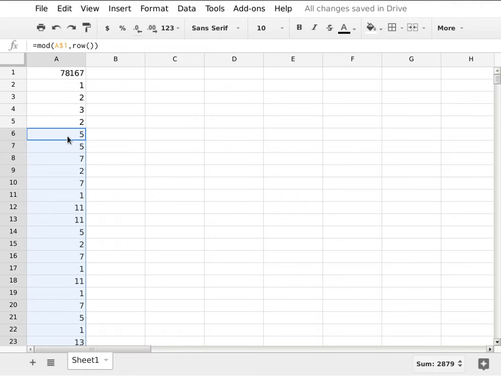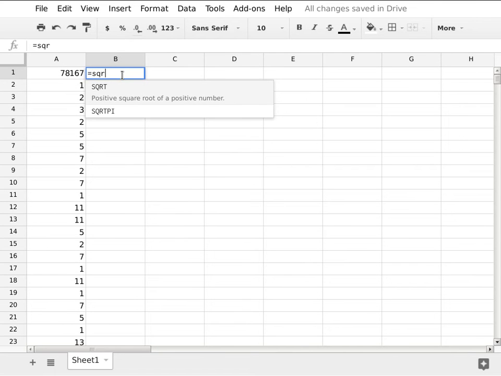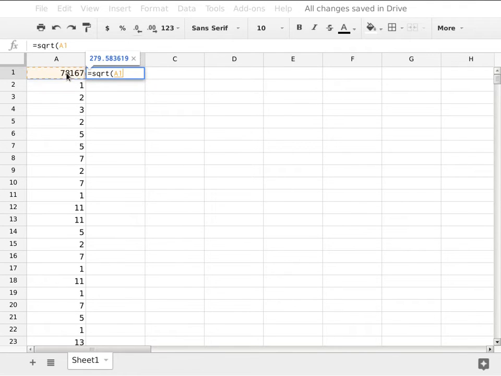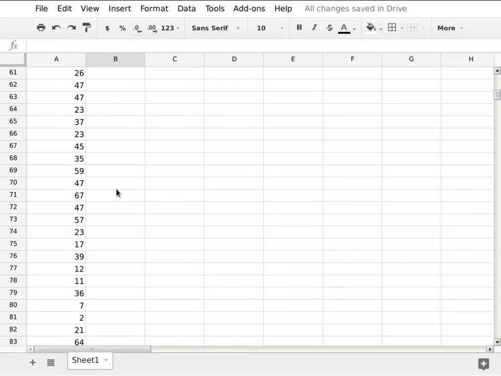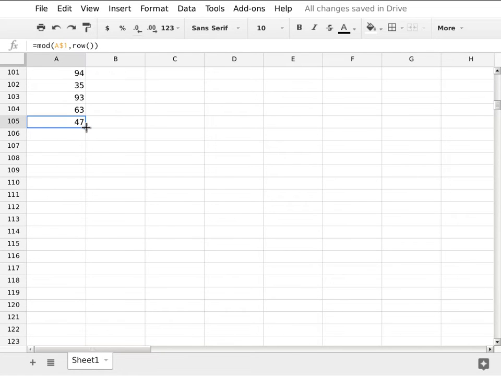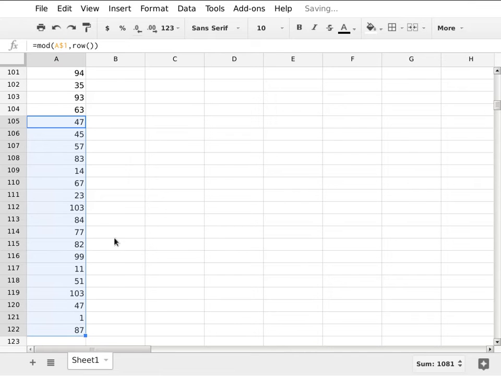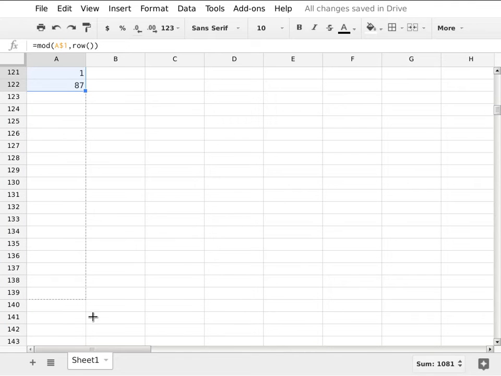There we go. Okay, so let's figure out what the square root of this number is. It is 200 something. Fine. We'll go ahead and get ourselves all the way up there. Make sure that we don't have any zeros in between, right? I don't see a zero here.